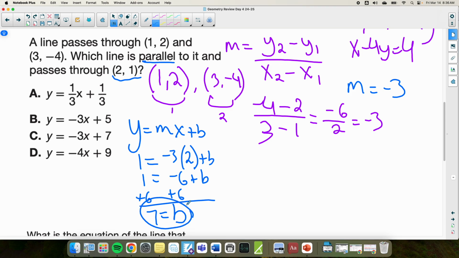So now we have the intercept, now we have the slope, and then we can put this in slope intercept form.